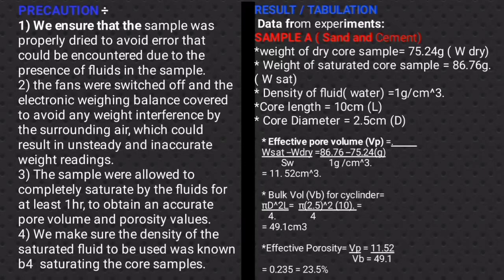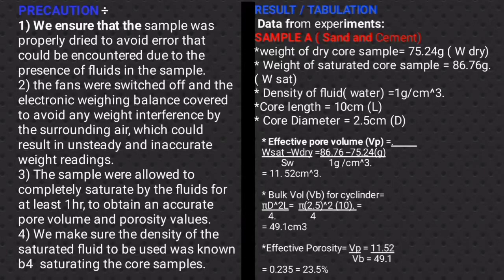These are the results we got during the lab experiment, and they are listed in the results stage. Now, for sample A, the weight when it was dried was 75.24 gram. I call it W dry, meaning weight when dried.